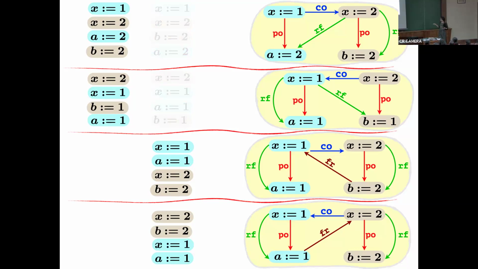Now comes an interesting point. Look at these two graphs. They differ only with respect to the direction of the CO edge. Their PO and RF are exactly the same. So now the question is, how many different traces should I explore before I can completely say that I have looked at every possible execution?